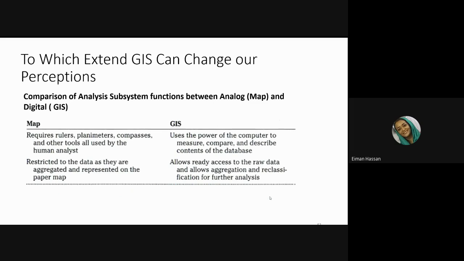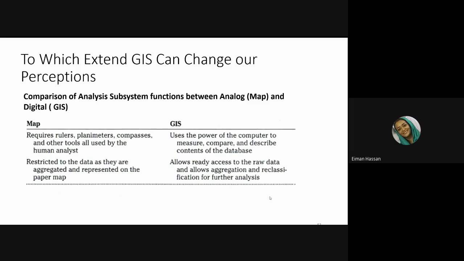This is also about analysis. In a paper map, if we want to analyze it, we require rulers, planimeters, compasses, and other tools. In GIS, we just use the power of the computer, so we have all the measuring and comparing of descriptions in calculators inside the software.